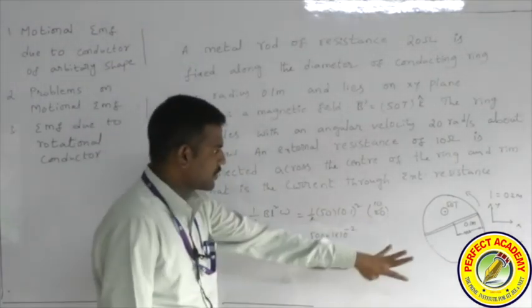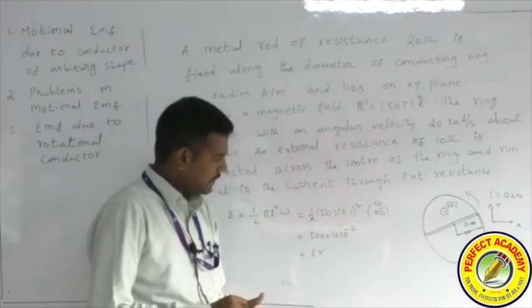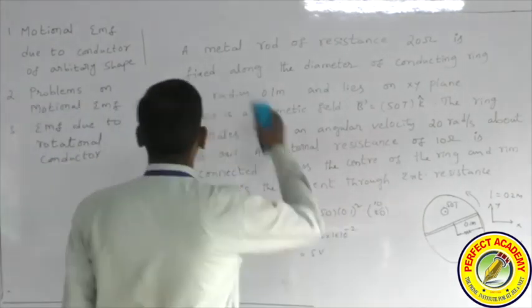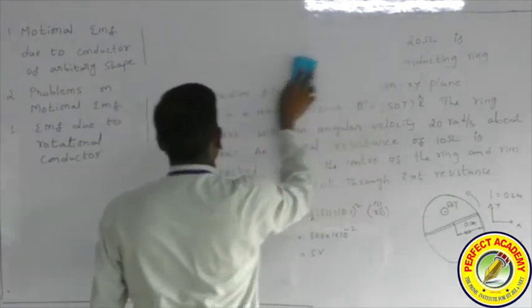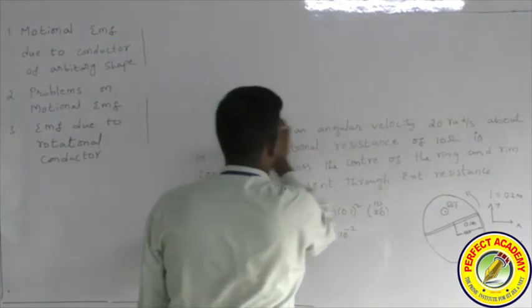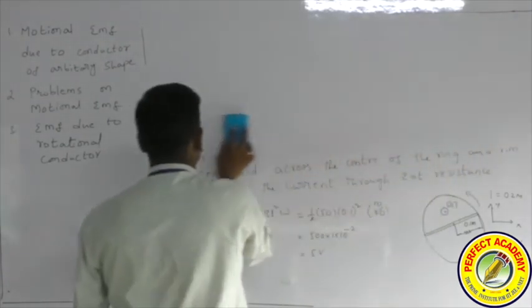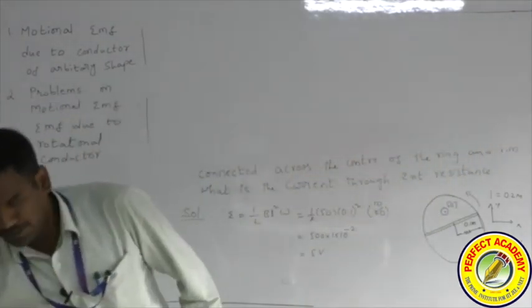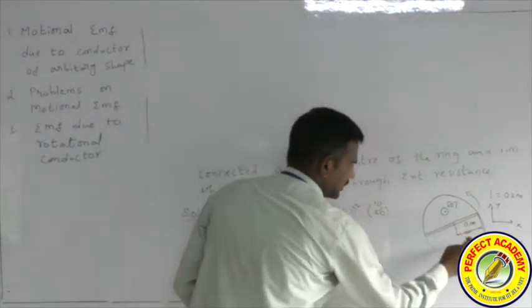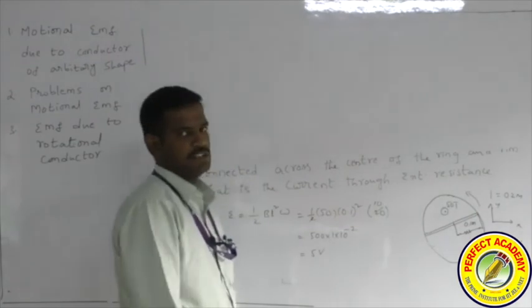Now this whole circuit can be equivalently drawn like this. This arrangement can be drawn like this. Here, these two halves and the external resistor, all three are parallel to each other.